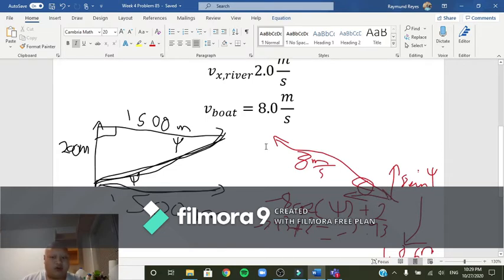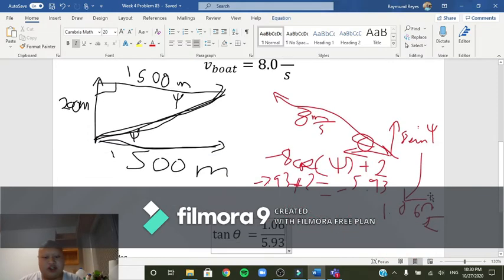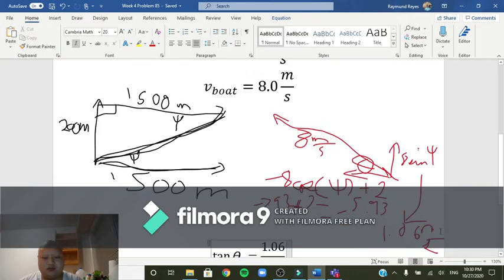So we are given the 8 meters per second that the boat can go at an angle. First we have to split up that 8 meters per second vector into a vertical and a horizontal component, or i and j. As you can see, for the vertical component we need 8 sine phi, which I got 1.06.